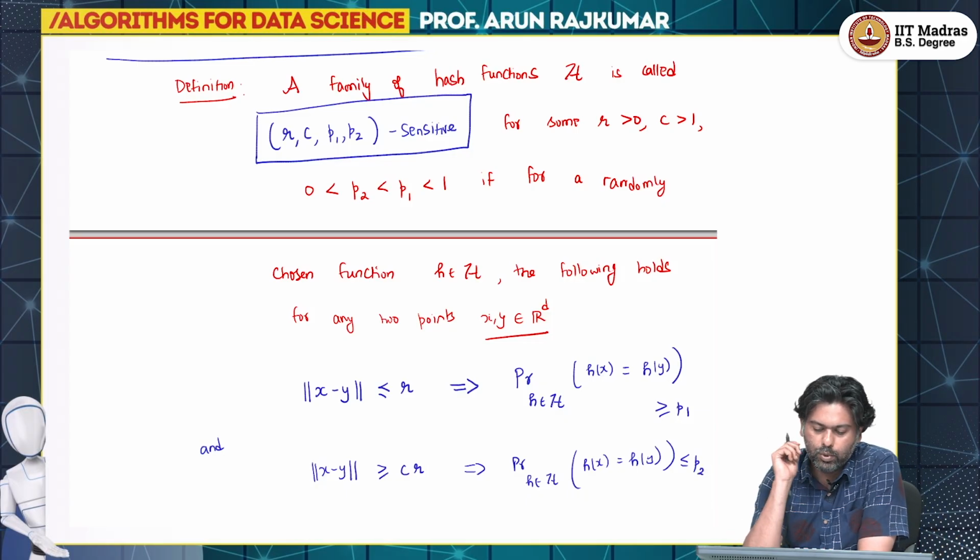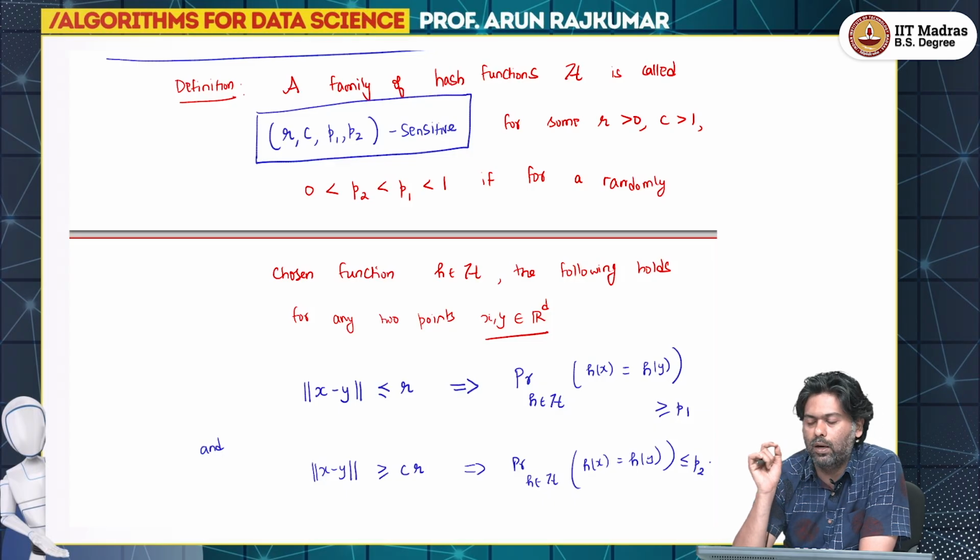Okay, let me read that out again and then I will explain what it means. We are calling a family of hash functions H (R, C, P1, P2)-sensitive for some r greater than 0, c greater than 1, 0 less than P2 less than P1 less than 1, if for a randomly chosen function h from the family, the following holds for any 2 points in R^D.